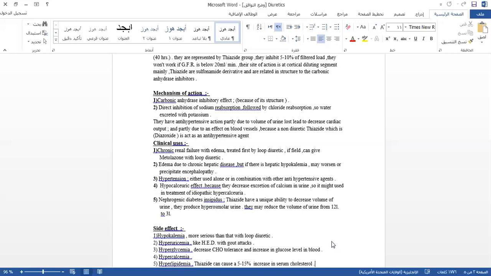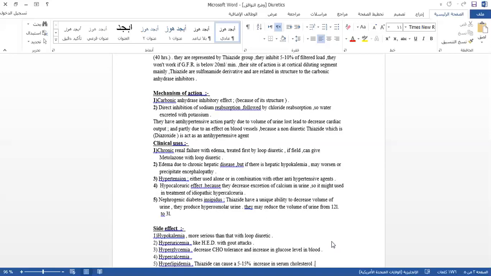Number two, edema due to chronic hepatic diseases. But if there is hypokalemia, it may worsen and precipitate encephalopathy, as we said, due to hepatic or liver necrosis.